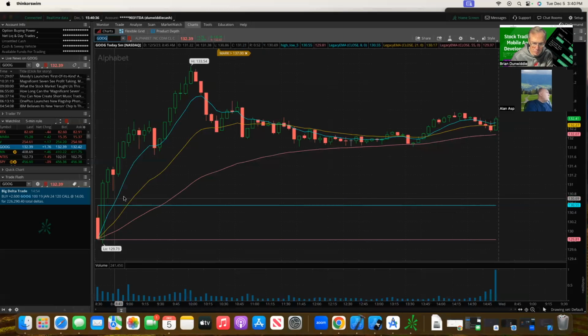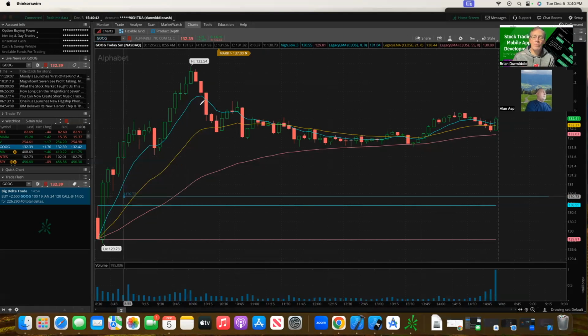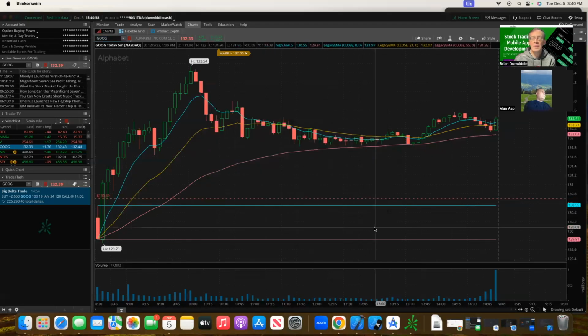Basically, what you do is you raise, and I can't move that blue line because it's part of a study. So now, let's extend the left. Let's make it dashed. This now becomes your stop.